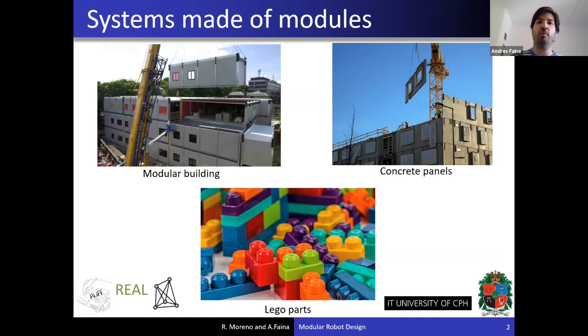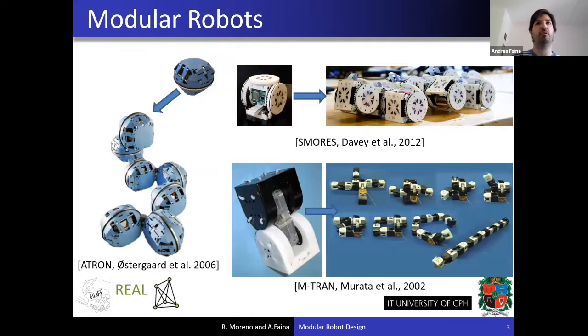And then you want to optimize these building blocks to generate better structures, or good structures. But the analysis of these building parts is very difficult to perform in isolation without building a complete system. And the same happens with modular robots.